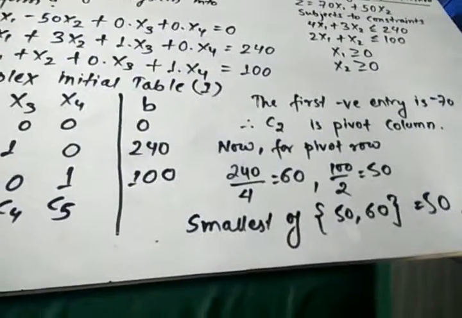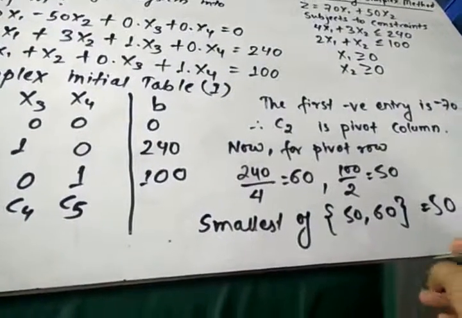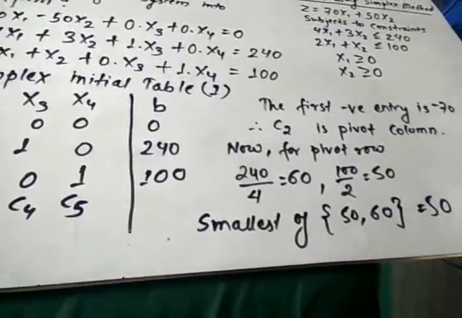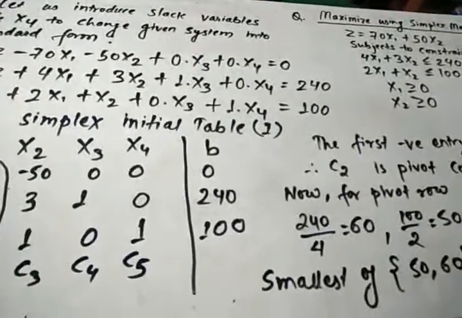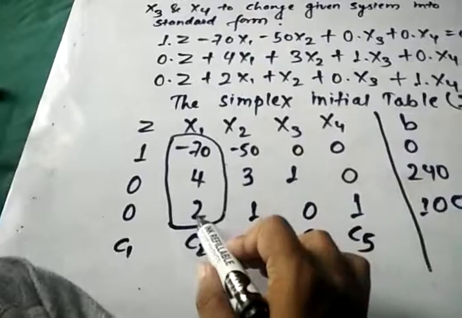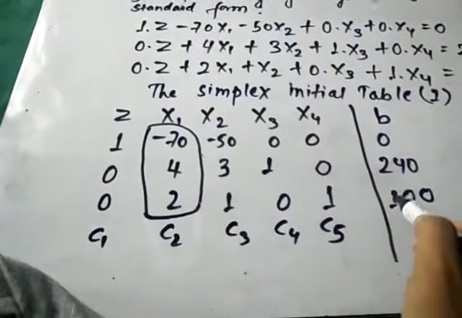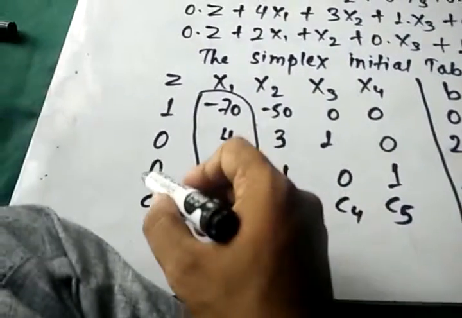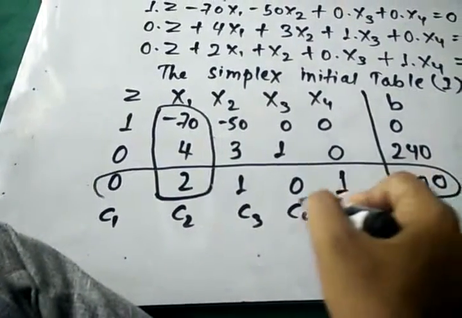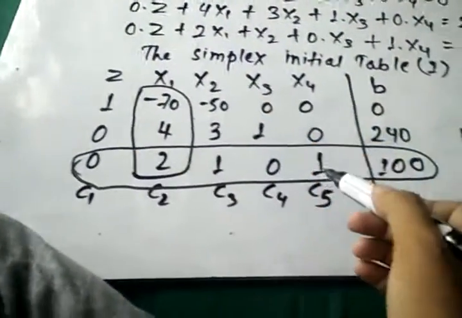Now we'll take this smallest value as the pivot row. Therefore here we get 50 from 100 divided by 2, so this is our pivot row. Why is this our pivot row?